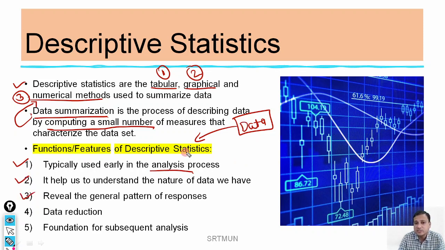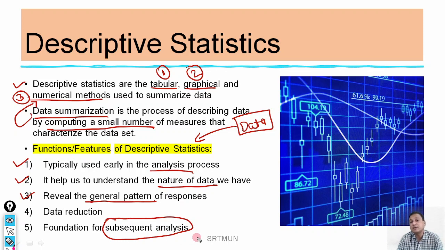We should go with descriptive statistics first because it will help us to understand the nature of our data and it reveals the general pattern of our data or the responses. And then on the basis of this we can go for the subsequent analysis. So this is the base. It also helps us to reduce the data.